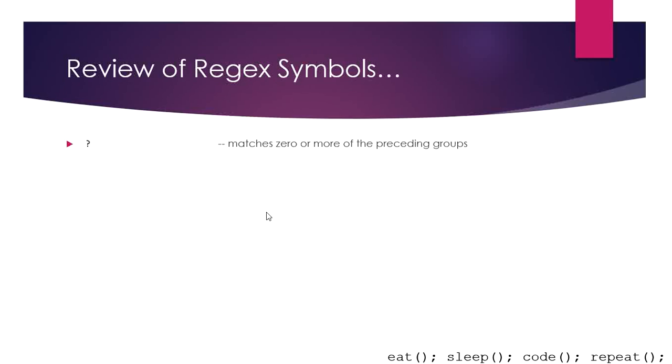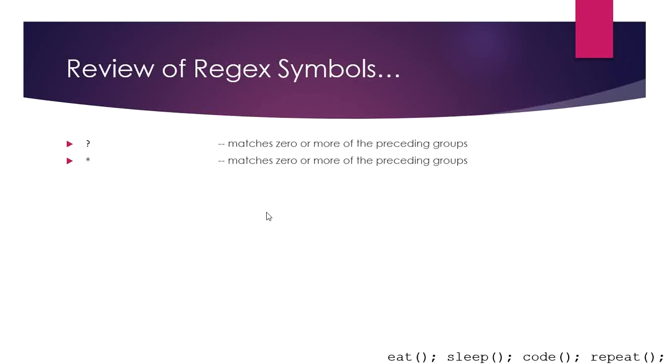Now this is the end, and let us revise everything that we have learned till now, because this is the intermediate section. This is where you collect everything. Okay, so we have matches. The question mark is going to match 0 or one of the preceding groups.